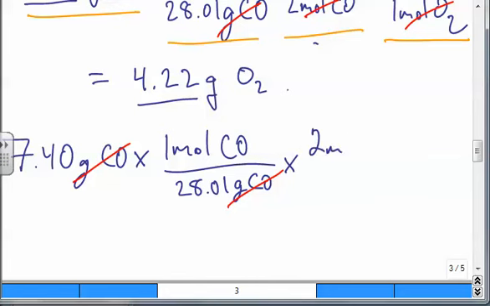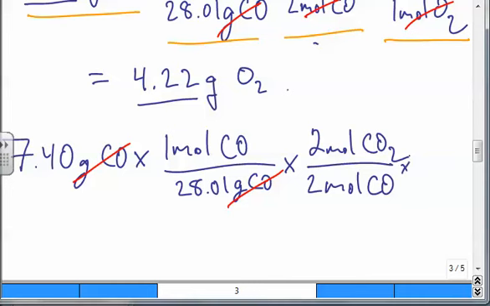I get 2 moles of CO2 for every 2 moles of carbon monoxide that reacts. It's perfectly fine at this stage to say that's a 1-to-1 ratio, but there's nothing wrong with writing 2-to-2. It's the same thing. So we've gone from grams of CO to moles of CO, and now my moles of CO cancel and I've got moles of carbon dioxide.